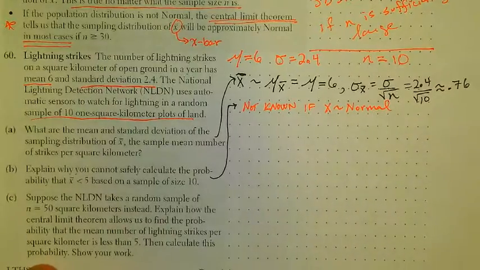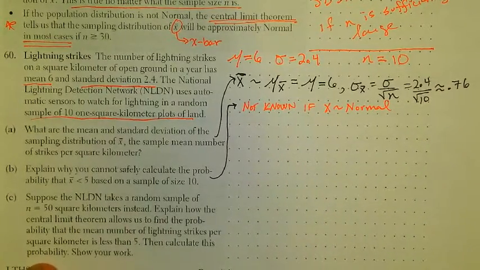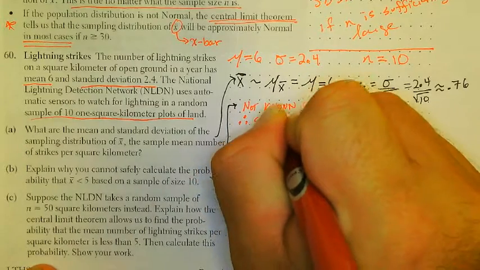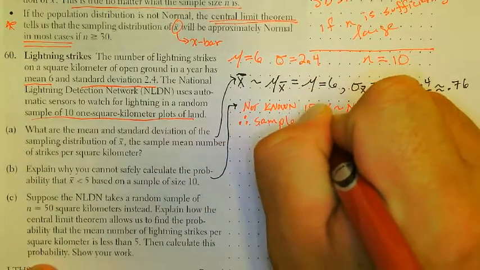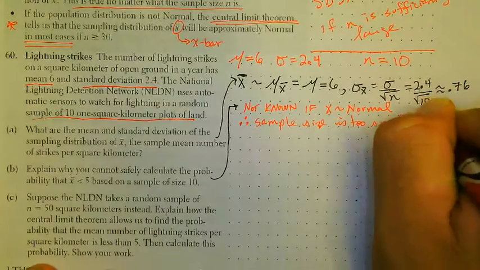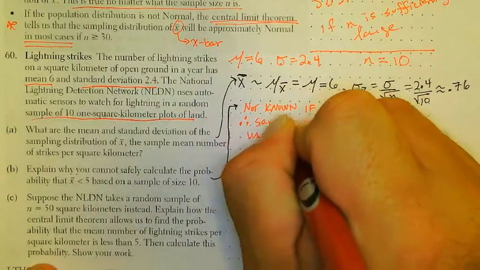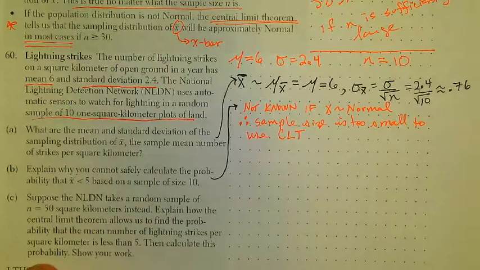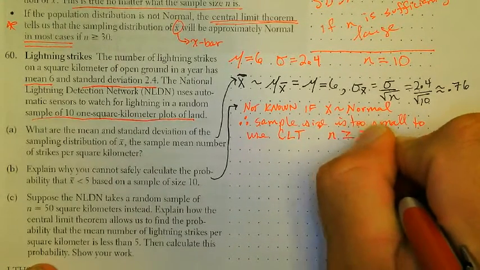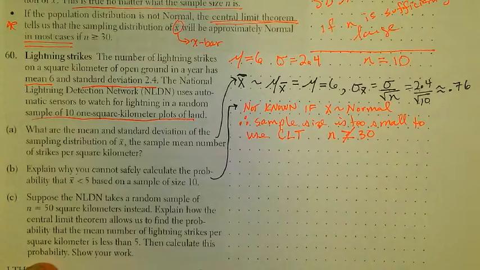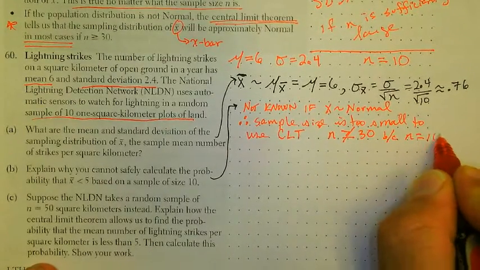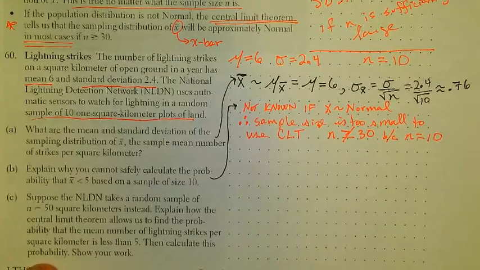If we don't know if x is approximately normal, therefore our sample size is too small to use the central limit theorem. n is not greater than or equal to 30, because n is only equal to 10.